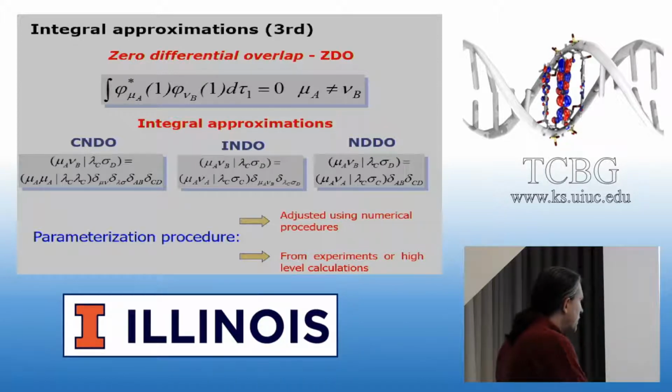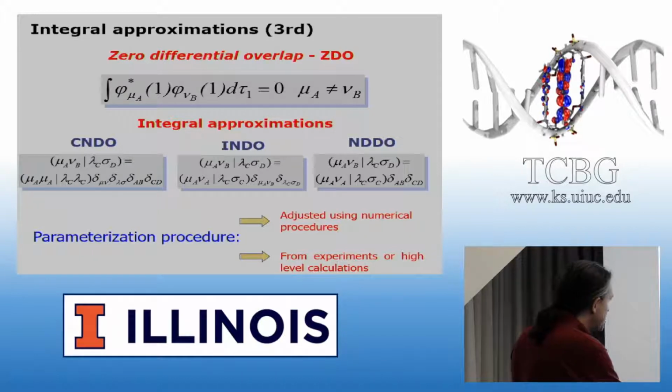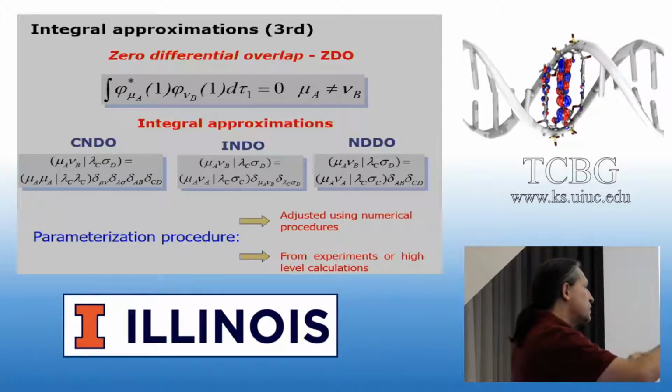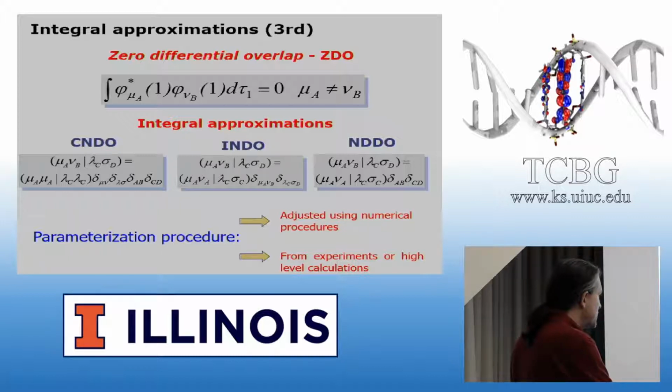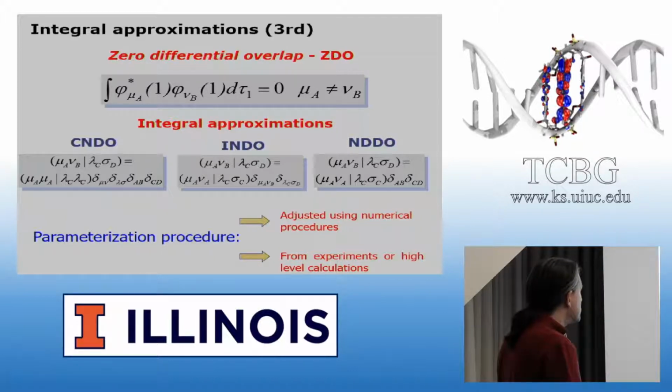These orbitals need to be centered on one specific atom, and these two orbitals need to be centered on another specific atom. If you have this type of situation, this integral in the NDDO method is calculated.